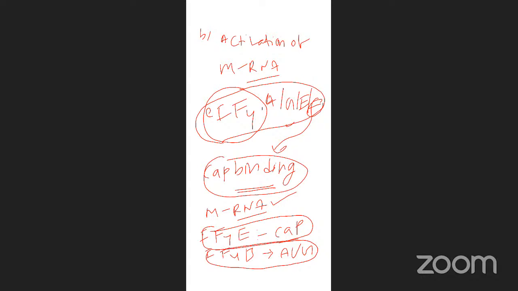This recognition of AUG is considered scanning, which is the next step. In scanning, the first step is that the sequence upstream of AUG is complementary to the rRNA and acts as a consensus sequence for recognition of the AUG codon. It is known as the Kozak sequence.